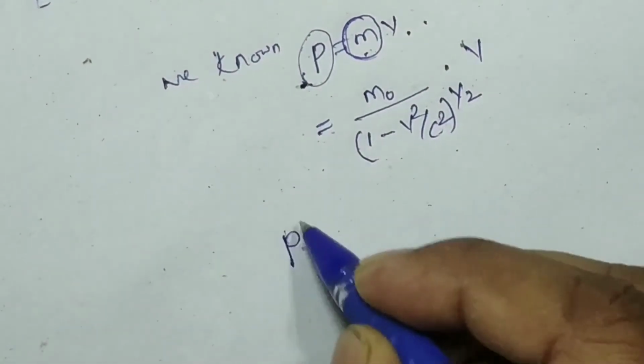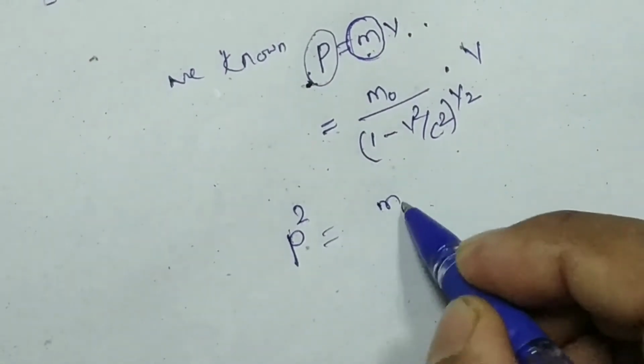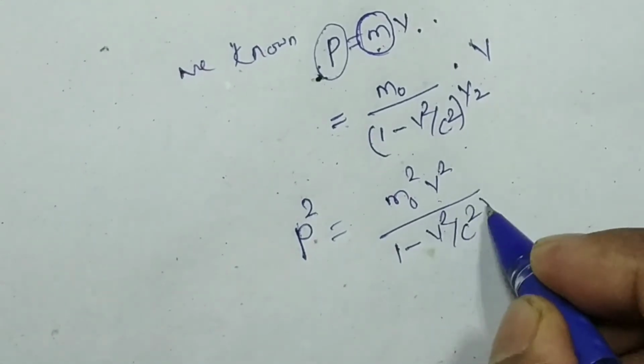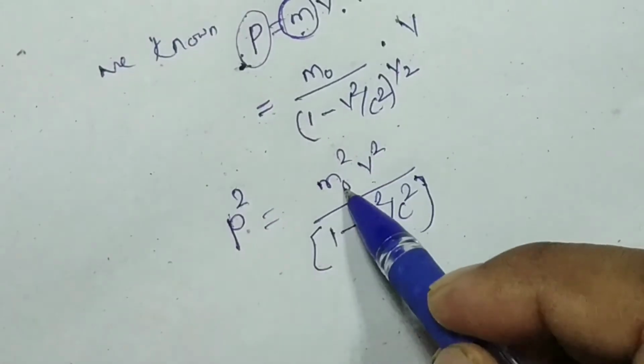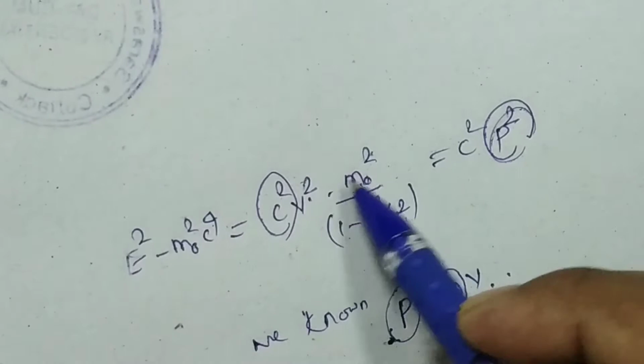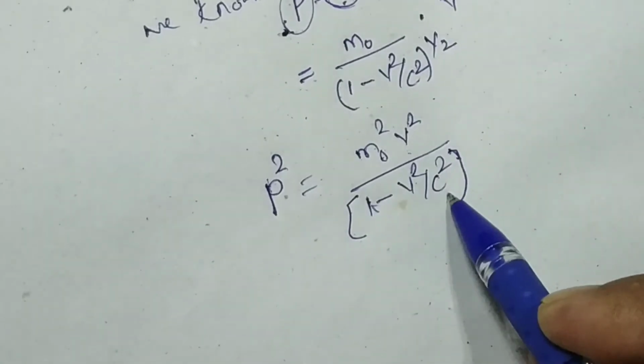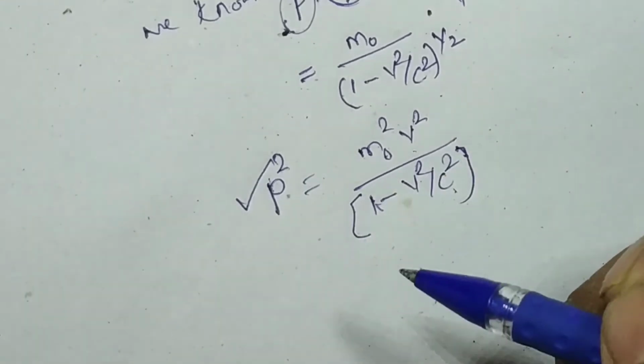P equals this much. So if I consider P square, it will be m0 square v square by 1 minus v square by c square. So here you can see m0 square v square by 1 minus v square by c square is written as p square.